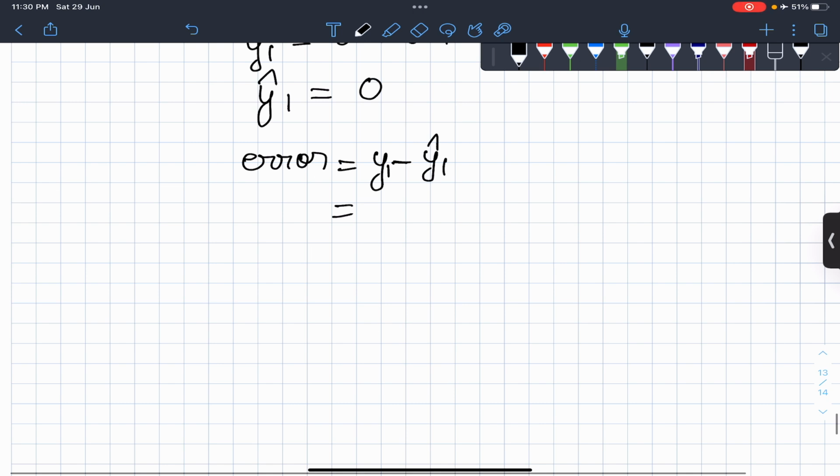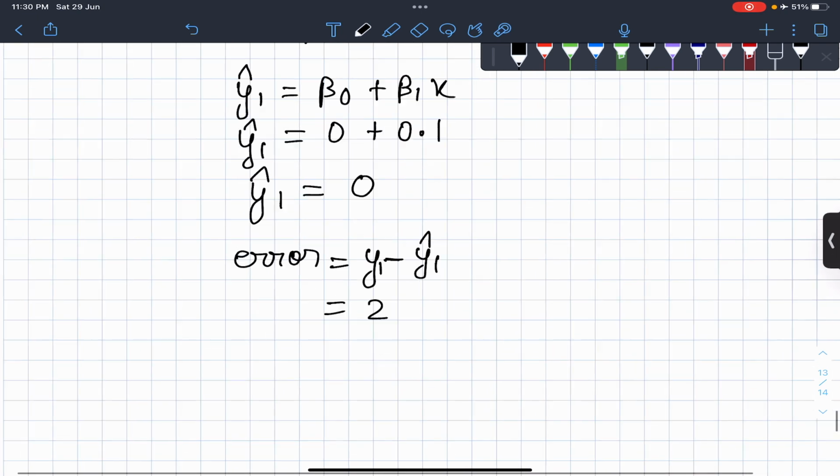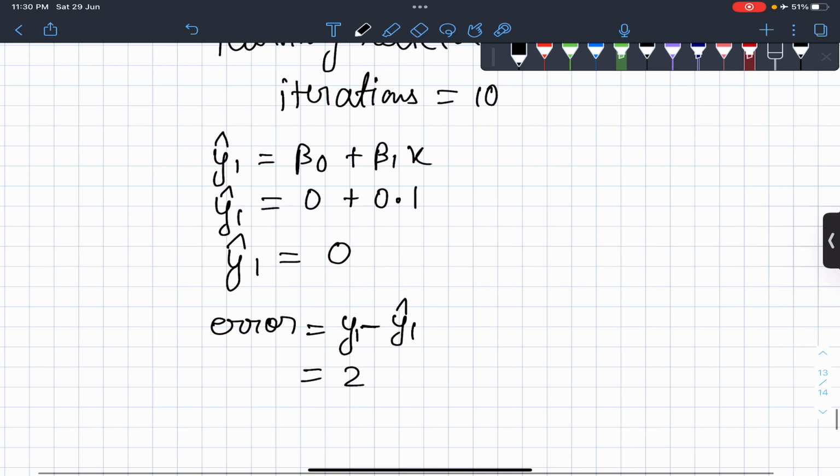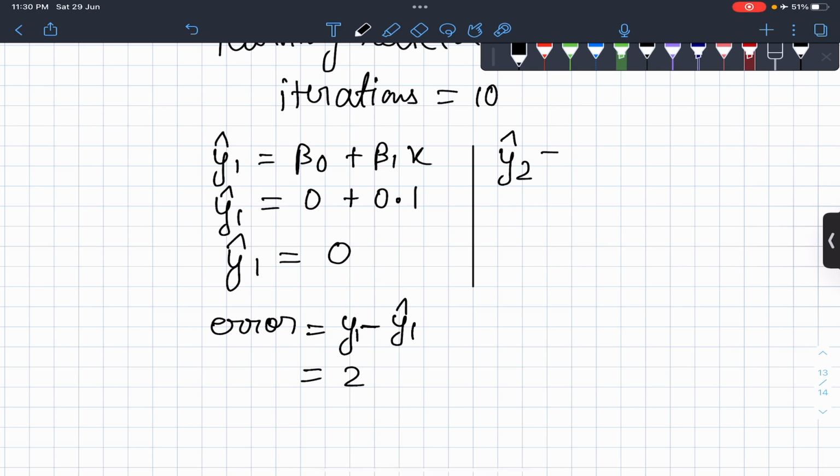It is 2. Wait, I haven't predicted for the next variable. So we'll have to predict for the next variable also.